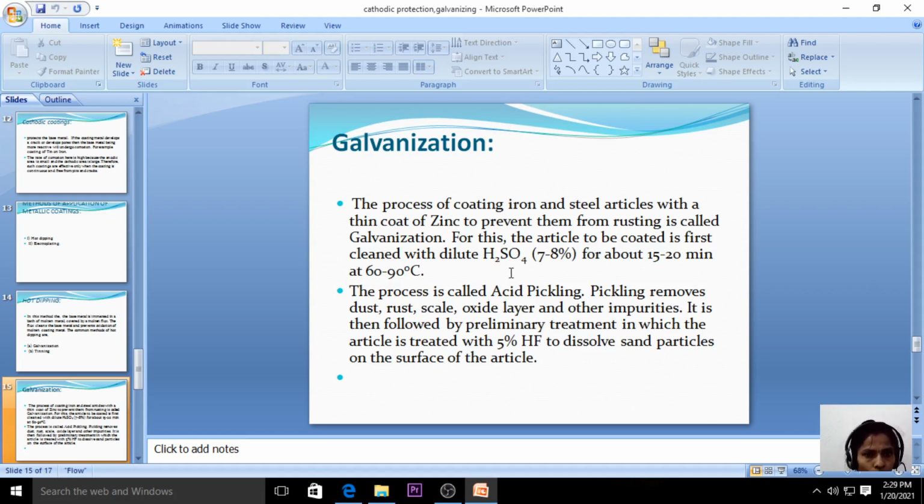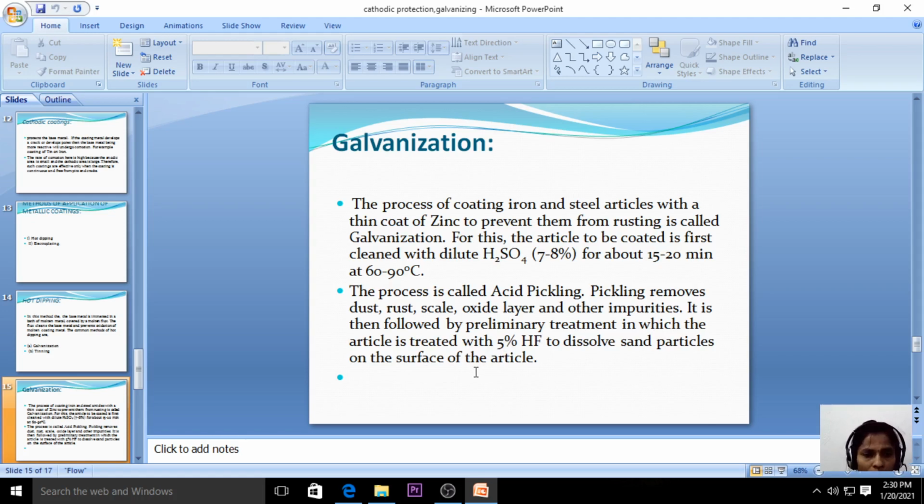Pickling removes dust, rust, scale, oxide layers and other impurities on the surface of the base metal. It is then followed by preliminary treatment in which the article is treated with 5% hydrofluoric acid to dissolve sand particles on the surface of the article.